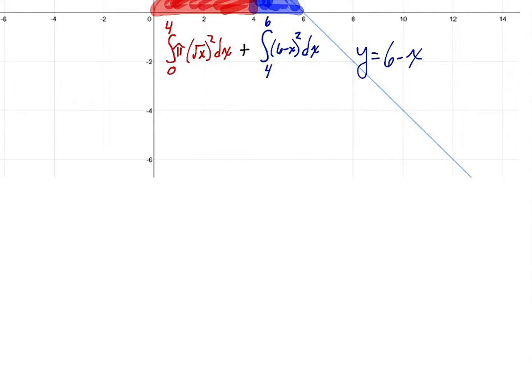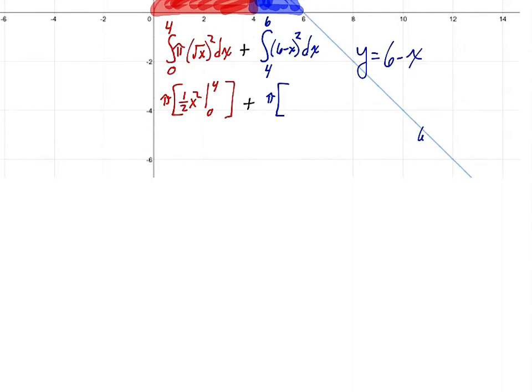So the first one, this is going to be pi, and we're going to end up with, let's see, the antiderivative of x is going to be x squared, so this will be 1/2 x squared from 0 to 4, and then plus the second integral, which is going to be pi times, we're going to need to square this out, so let me do that over here.